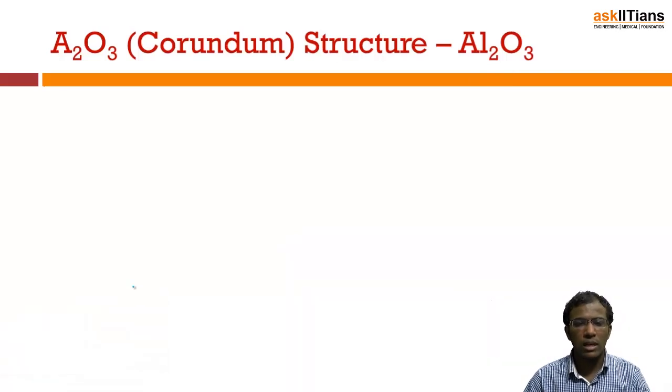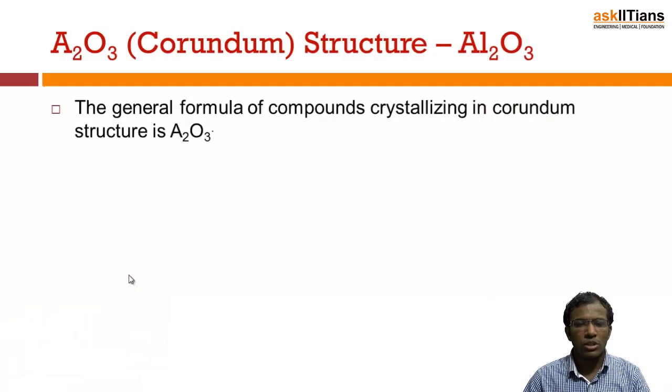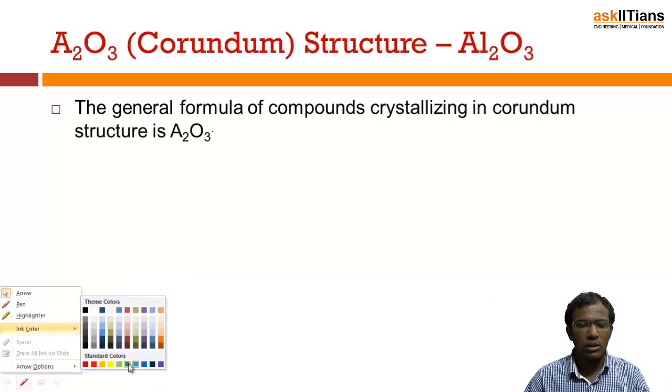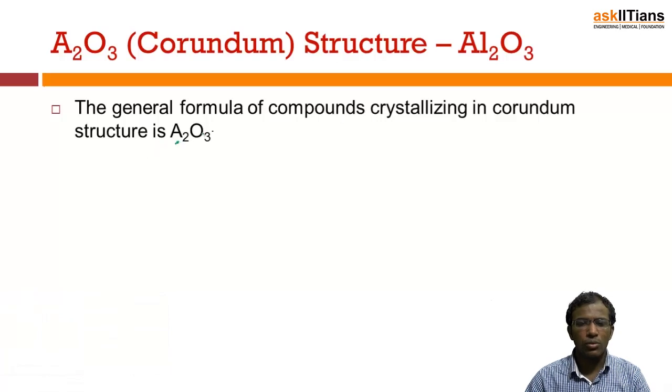So let's understand the structure. The general formula of the compounds crystallizing in corundum structure is A2O3, where A is a cation and this is oxygen. If A is aluminum, then Al2O3 will be one example.